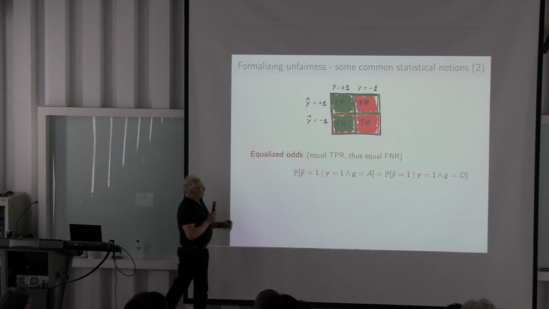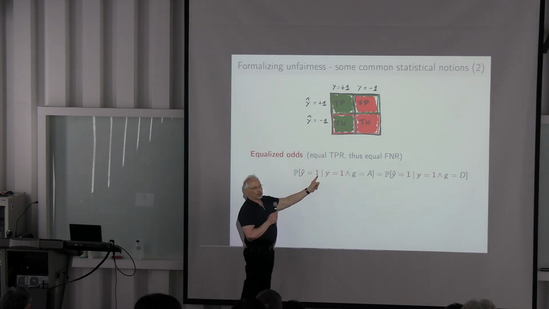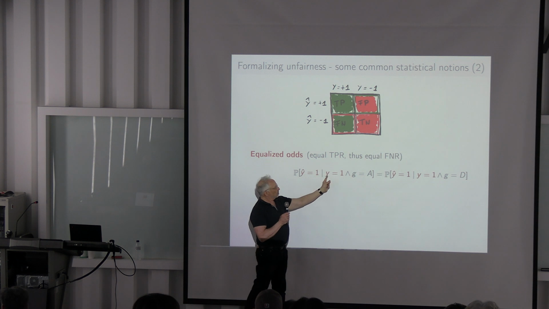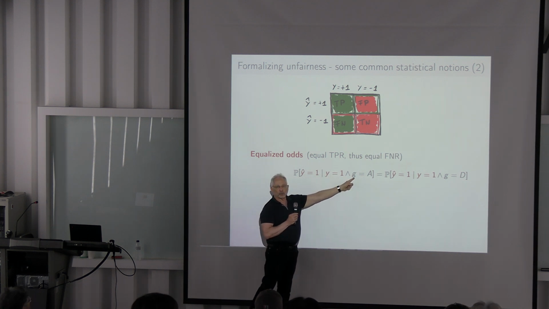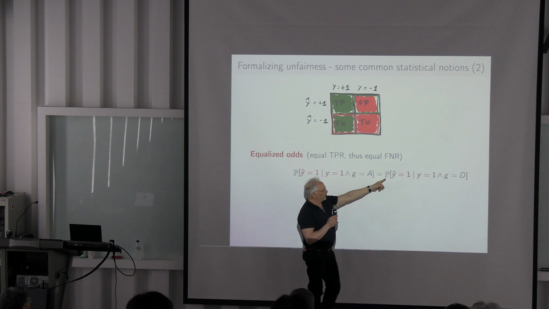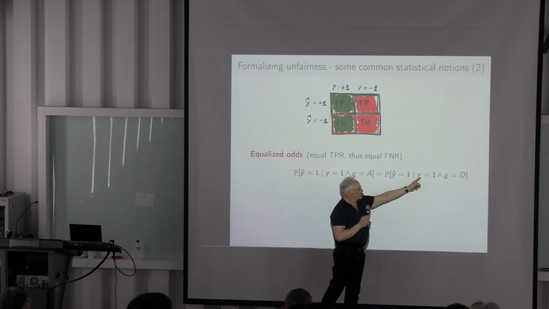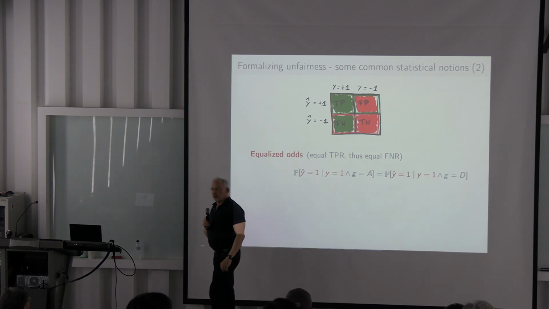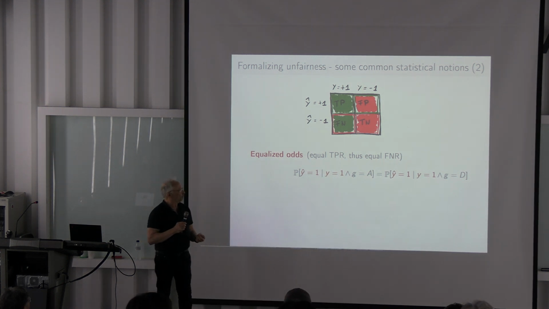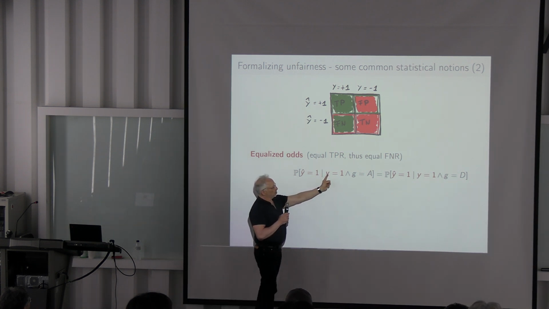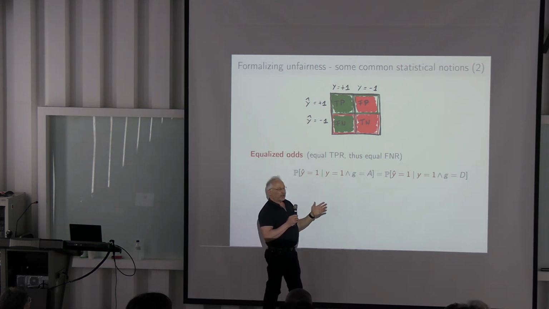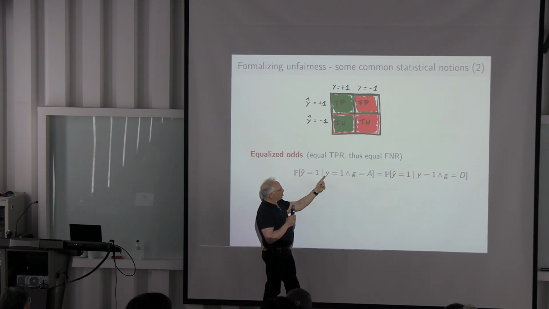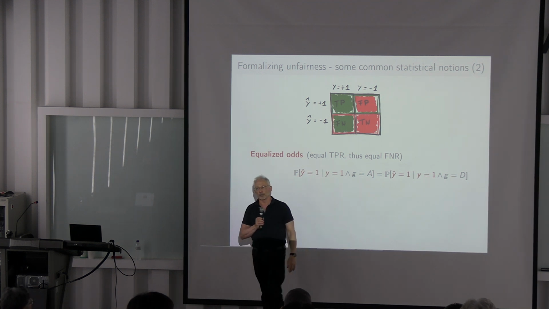It says that the probability that I will predict 1 among all of those that are deserving and belong to group A is the same as the probability that I will predict 1 among those that are deserving and belong to group B. So now I do take the true label of the individual, whether they are deserving or not, and among all those deserving, I give the same percentage of success to those in group A as to those in group B.